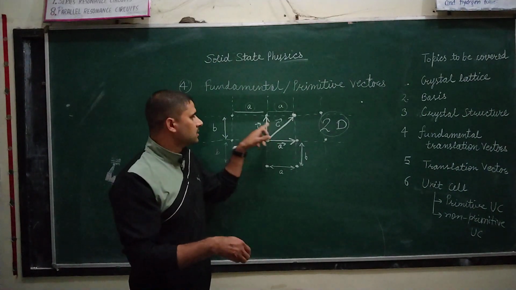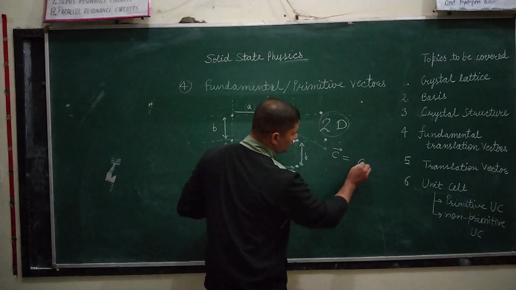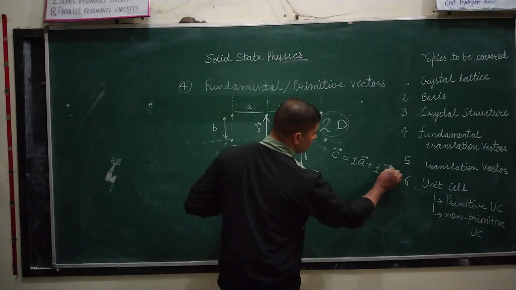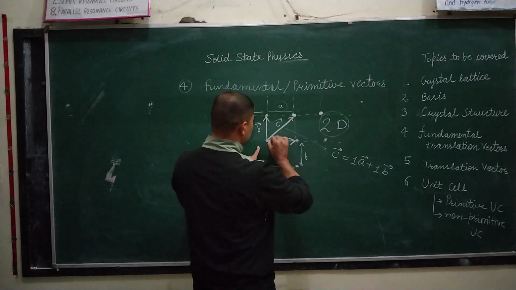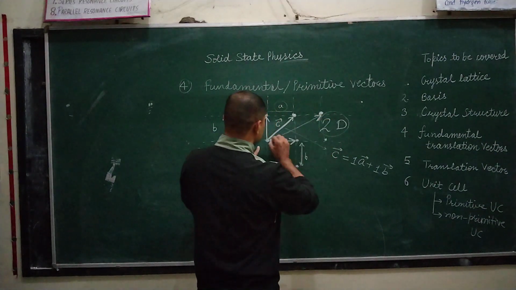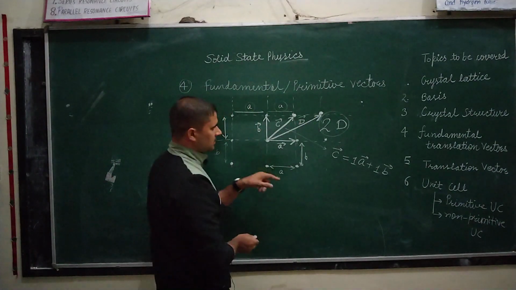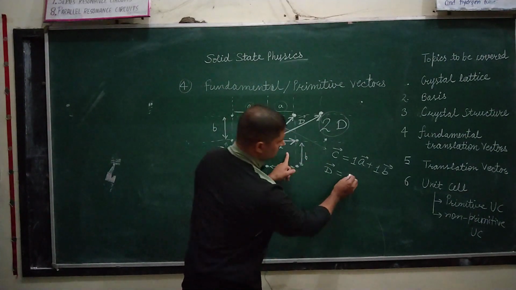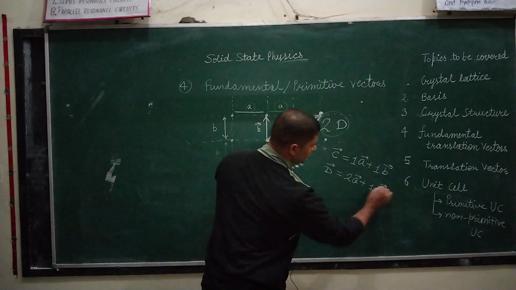But here you can write vector c is equal to 1 times vector a plus 1 times vector b. In the same way, if you take this point, and let me say that this is vector d, then I can write vector d as 2 times vector a plus 1 times vector b.